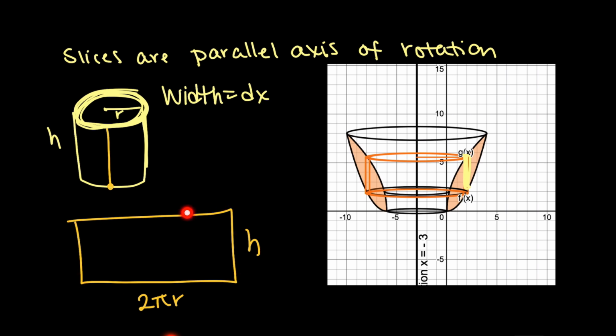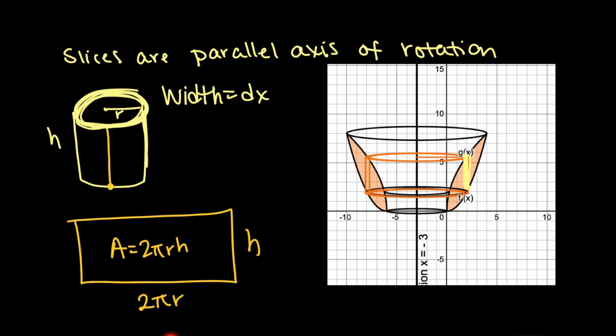You are going to get a rectangle. The height of the rectangle is going to match the height of the cylinder. The width of the rectangle is going to be the circumference of our cylinder. If you pull that cylinder apart, it gives you that rectangle, and that width is the circumference of the circular part of our cylinder, which can be found using the formula 2 pi r.